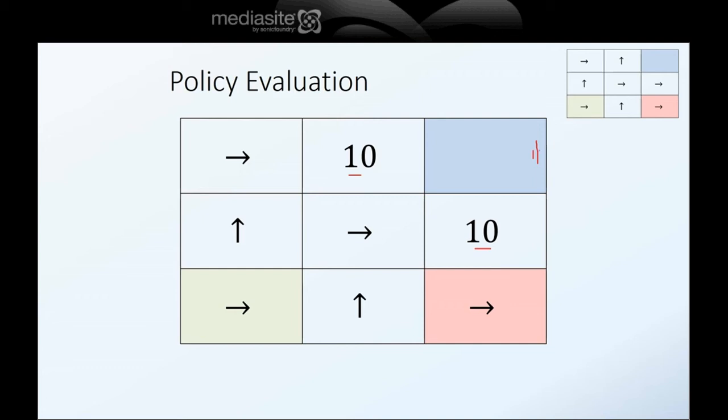Remember that what I've shown in the top right here is the actions corresponding to the policy that we are evaluating, and this takes us upwards, so it's only 10% of the time you will reach the goal state from here, so it's approximately 100 here, which makes this 10. Likewise, from this cell we are moving right, so it's only 10% of the time you move upwards with this policy.